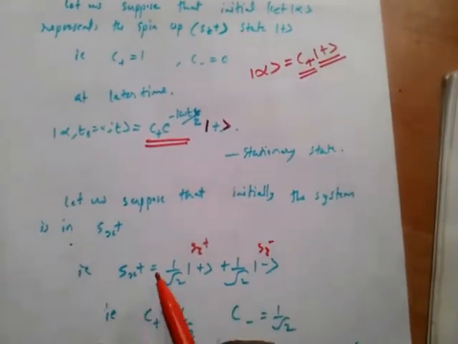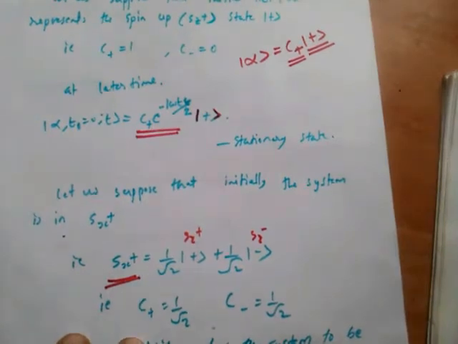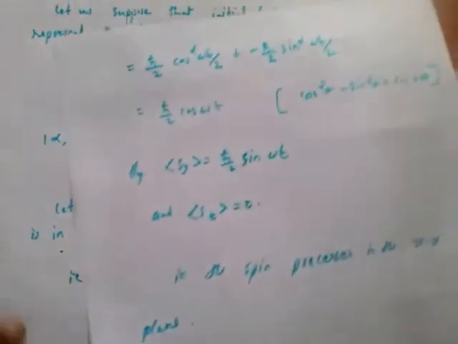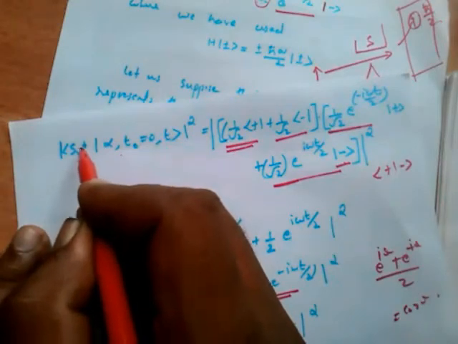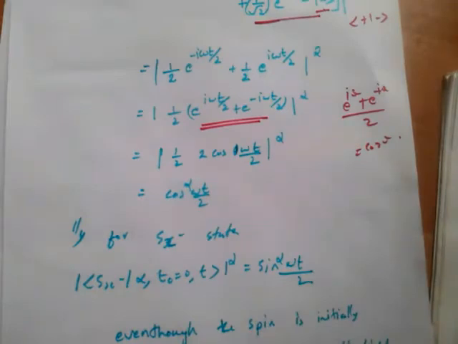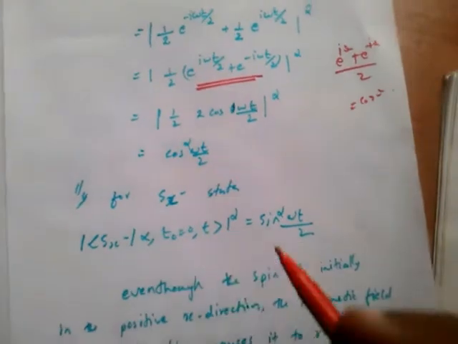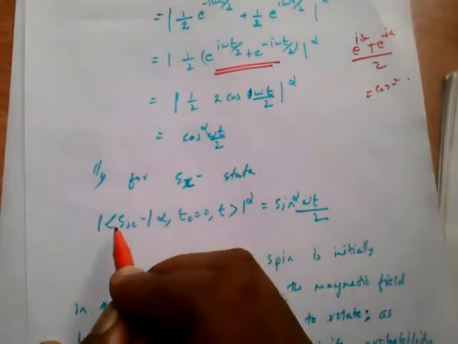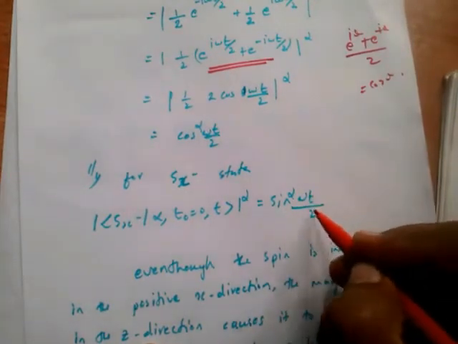Look at this. Initially the state was Sx plus, and at later time t the probability of finding Sx plus is cos square omega t over 2. But at later time the probability of finding the Sx minus state is sine square omega t over 2.